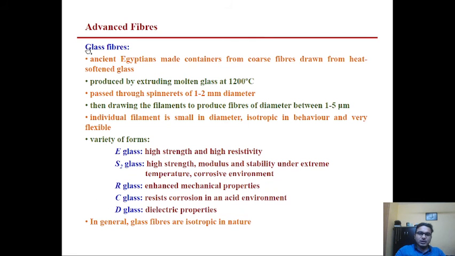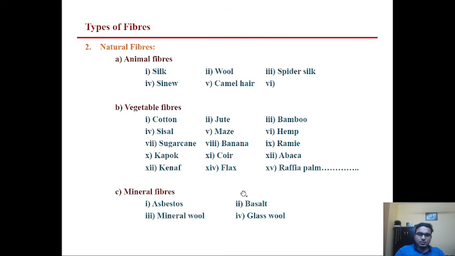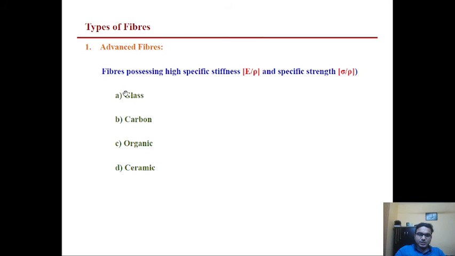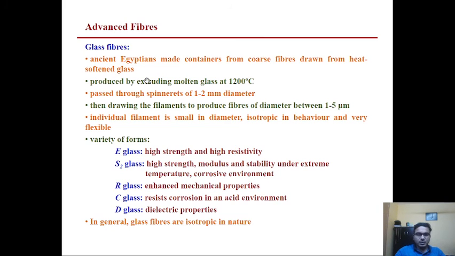Then we are now going to discuss glass fiber. If you recall, here it was written that the first advanced fiber is glass fiber. So again, if we go back into history, ancient Egyptians made containers from coarse fibers drawn from heat softened glass, and they were produced by extruding molten glass at 1200 degrees Celsius.